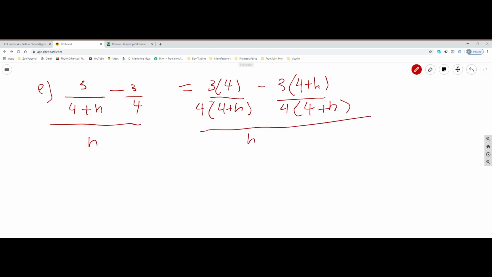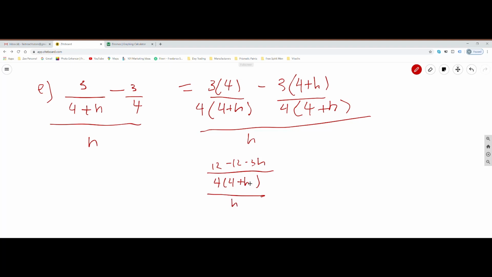So you're left with 12, 3 times 4 is 12. Negative 3 times 4 is negative 12. Negative 3 times h is negative 3h over 4 plus h over h.